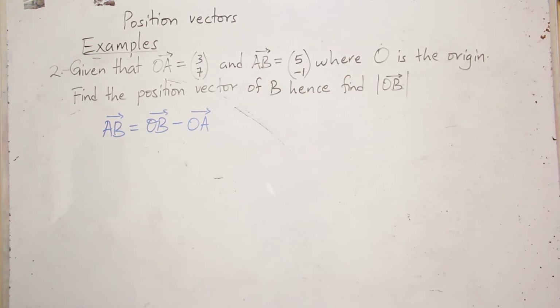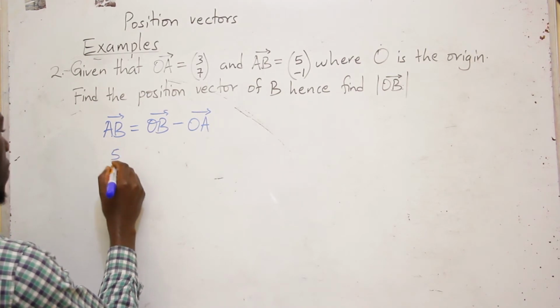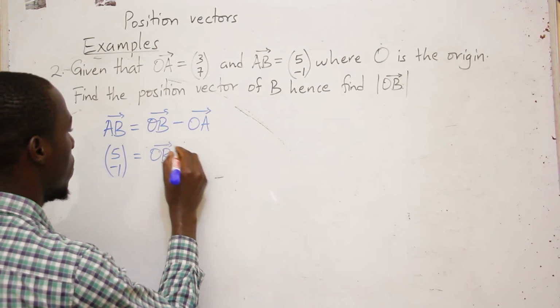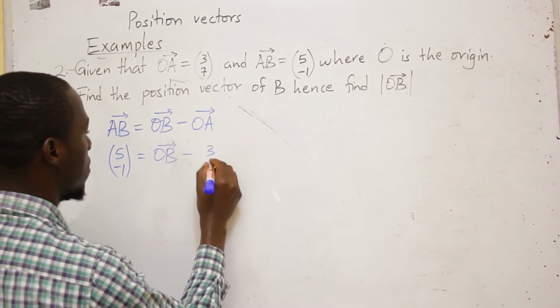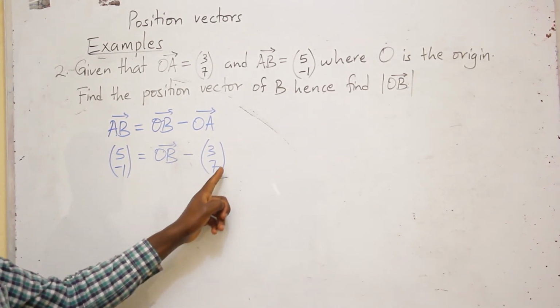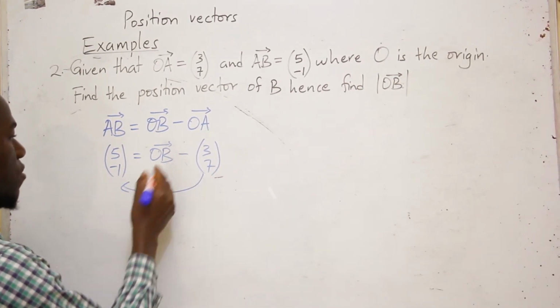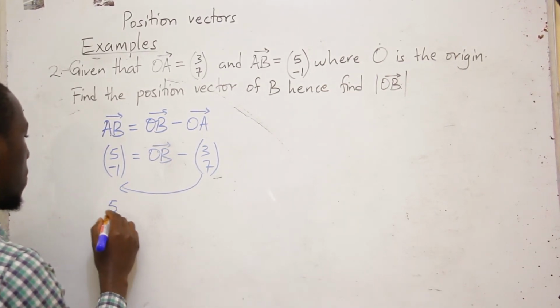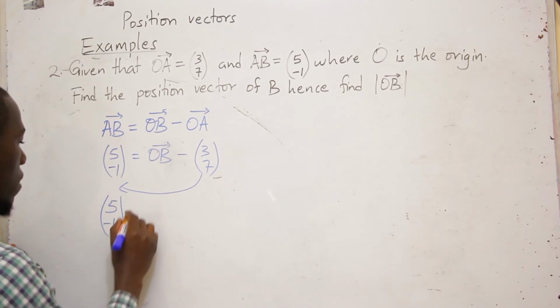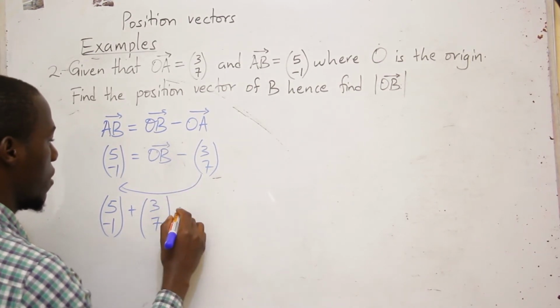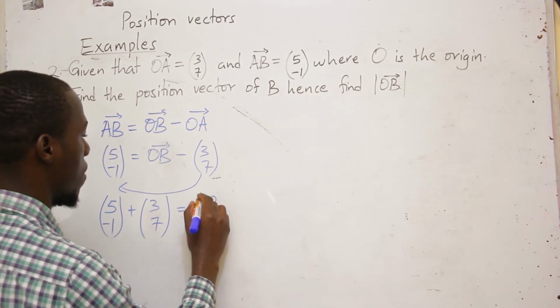Then I substitute, that is 5, negative 1 is equal to the OB I'm looking for, minus the 3, 7. Then I can take this vector to the other side to remain with only the one that I don't have. So this is 5, negative 1, plus, because it was negative, 3, 7 is equal to the OB.